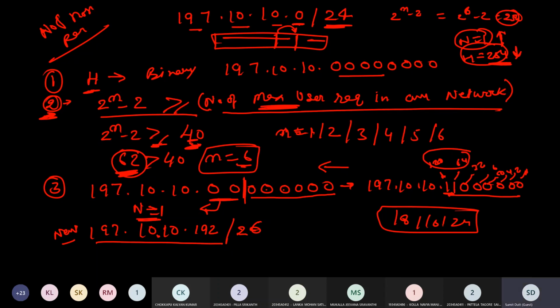If required, I can repeat this, because now we are going to do the subnetting and extract the new network IDs and new host IDs. No questions, so we are good to go, right?